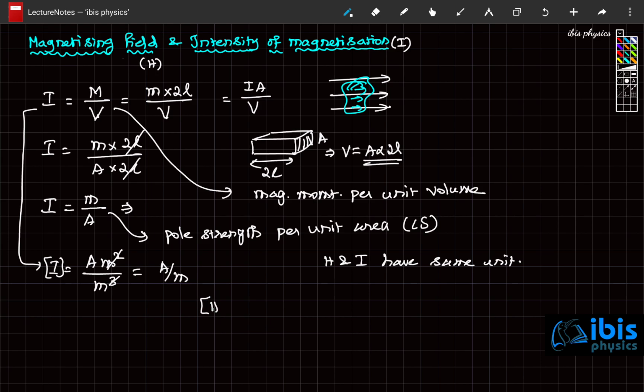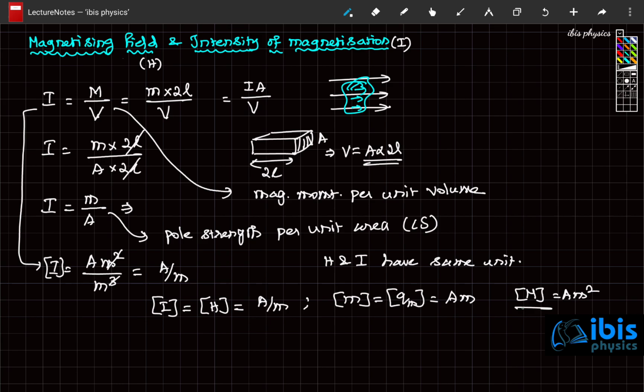So the unit of H and the unit of intensity of magnetization are both ampere per meter, and the unit of pole strength, which is nothing but the magnetic charge, is ampere meter, and the unit of magnetic moment is ampere meter square, not meter cube.